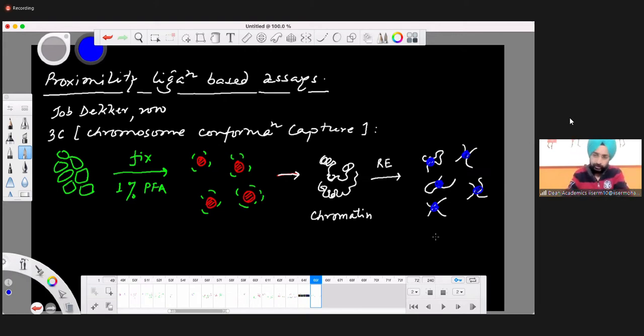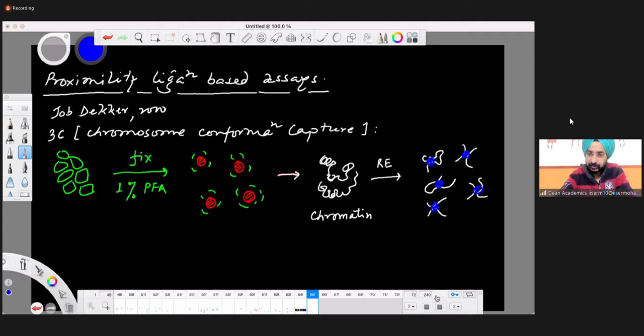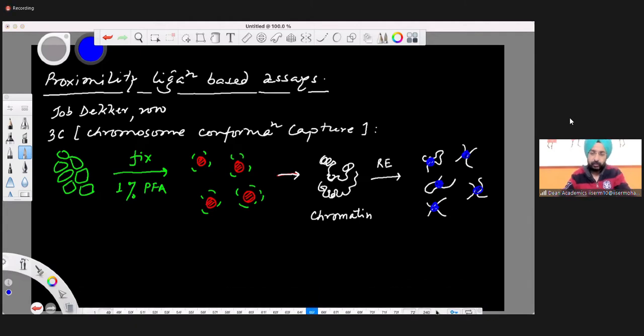So what next? The next step is very important. In the original protocol, this was done in this way, but these days we do it in a different way. I will mention it. The next step is to perform ligation of these open ends. You see these open ends over here, right? These are open ends after digestion, so we need to ligate them.